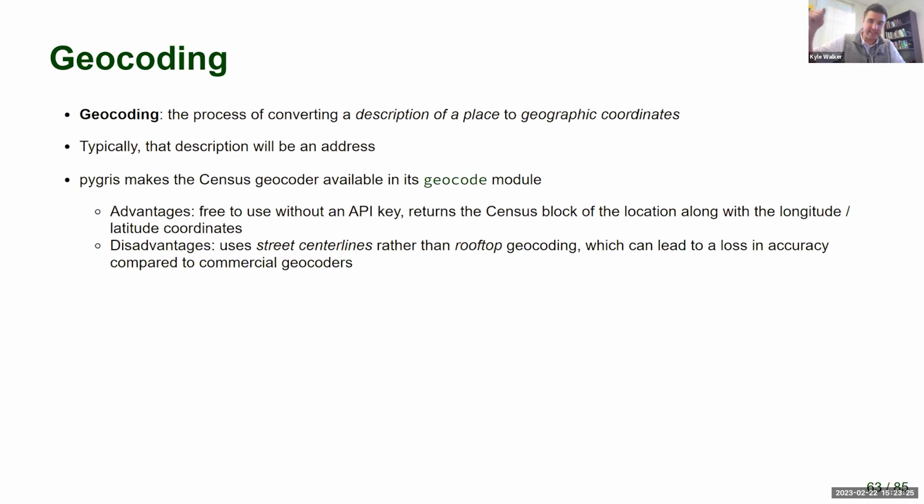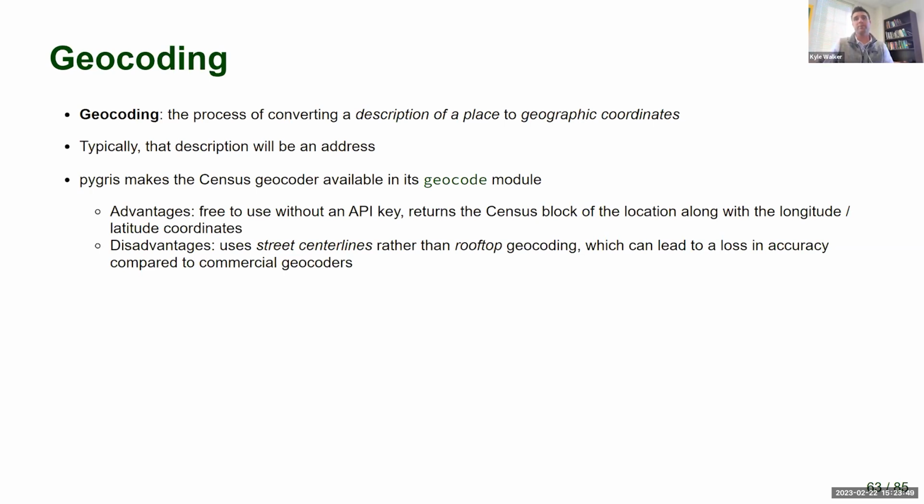It'll look in Texas, and then it'll look in Fort Worth, and then it'll look on University Drive, and then it'll look for the address range where 2800 falls, and then it'll interpolate the position. It'll try to figure out along that address range where 2800 is. That may or may not be exactly where the building that is 2800 University Drive is located. It'll just put it along the street.